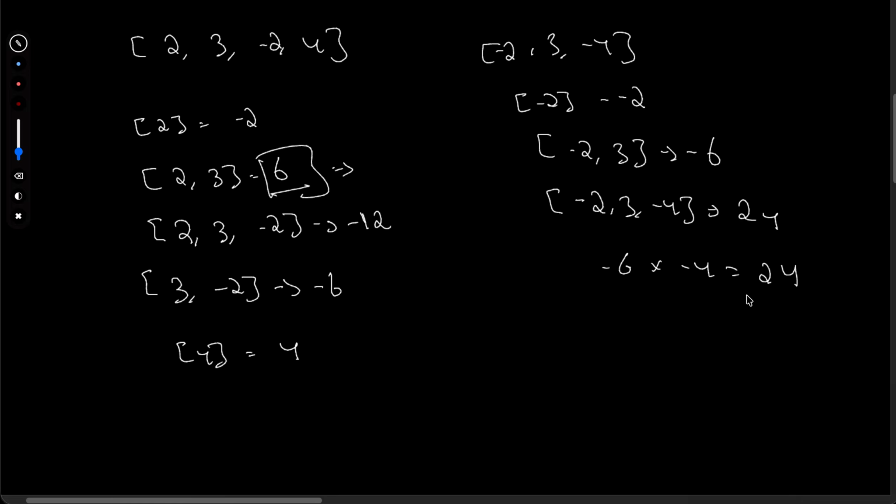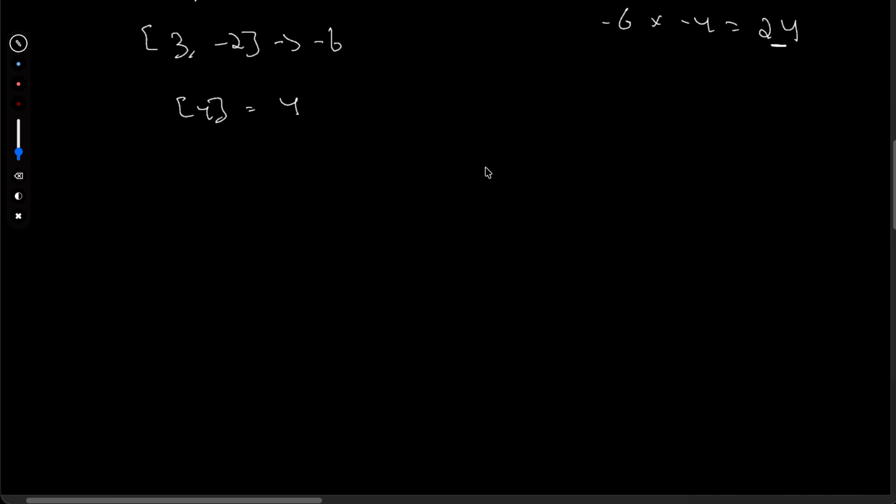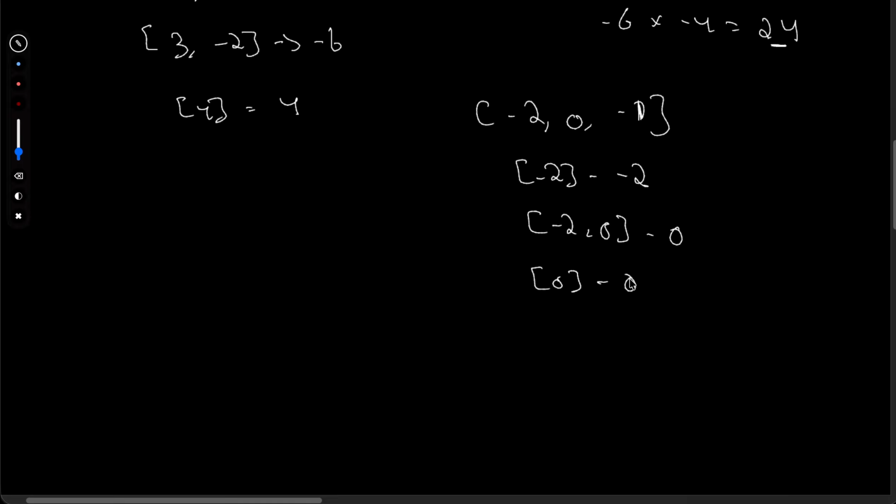Two negative numbers become positive, so the answer is 24. Let's take another example: 2, 1, -2, 0, 0. The products are -2, then 0, then 0, so the answer is 0.